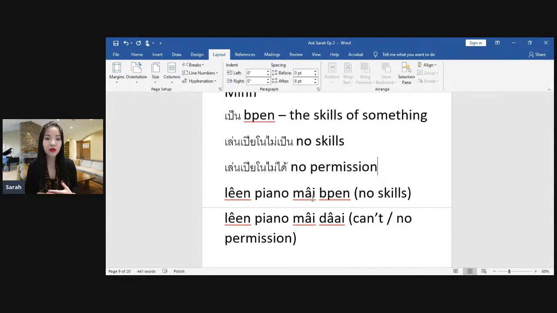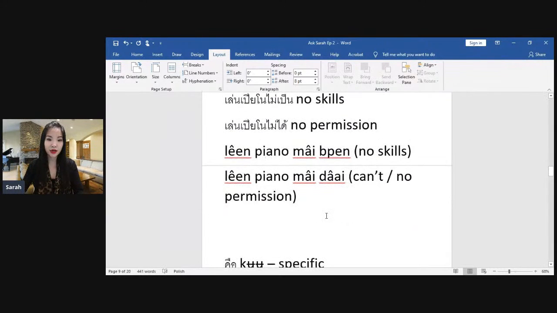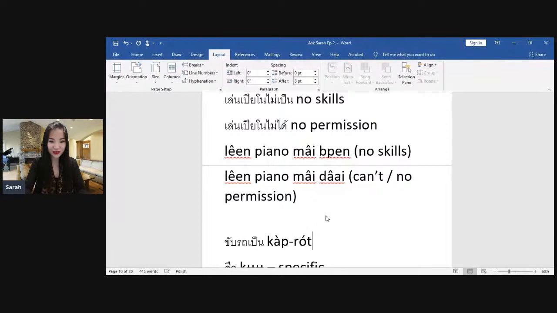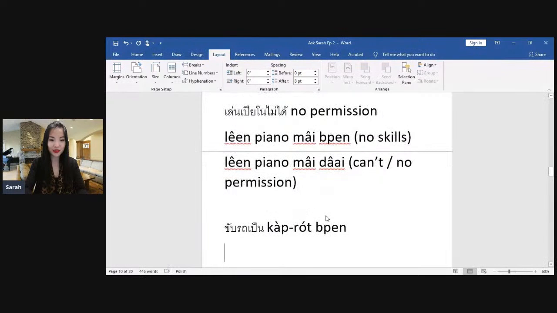The same goes with driving, ขับรถ. So usually when people ask me, Sarah ขับรถเป็นไหม, ขับรถเป็น, this one is like I have the skills to do it, like I know how to drive.